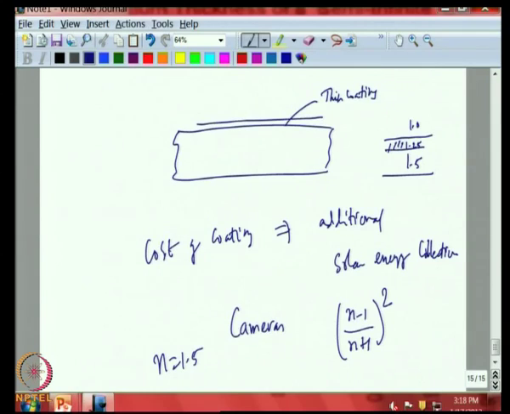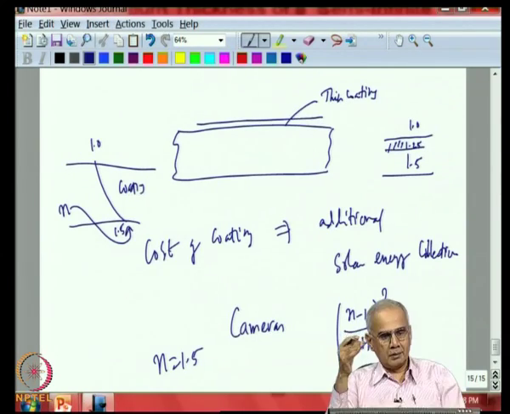And this logic can be extended, and there are coatings which continuously decrease the n value from 1.5 to 1. So, this is a coating wherein they reduce the refractive index gradually by putting a series of deposits of reducing refractive index. This is now being routinely used in many industries like cameras and collectors and so on, where loss of photons by reflection is to be avoided.